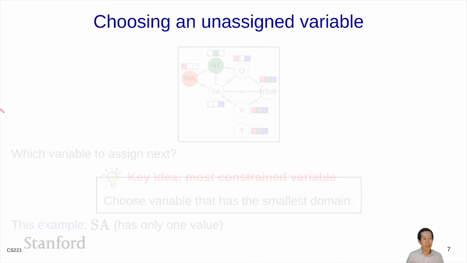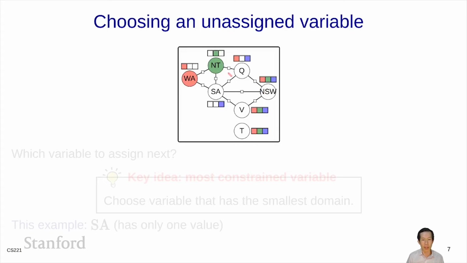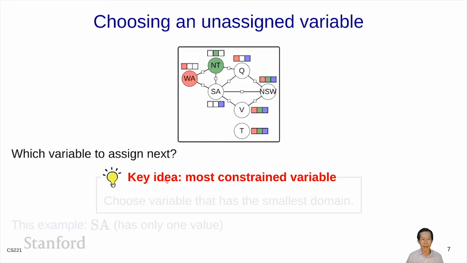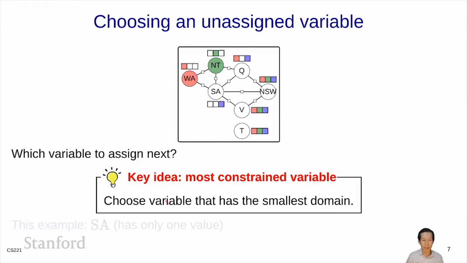Okay, so forward checking is also going to allow me to choose an unassigned variable and order the values of a variable. I'll show how that follows. So suppose we're in this situation. WA and NT have been set, and I've applied forward checking to propagate the constraints to all the neighbors. So now the question is, which variable do I assign next? There is this heuristic called most constrained variable, MCV, which simply chooses the variable that has the smallest domain.